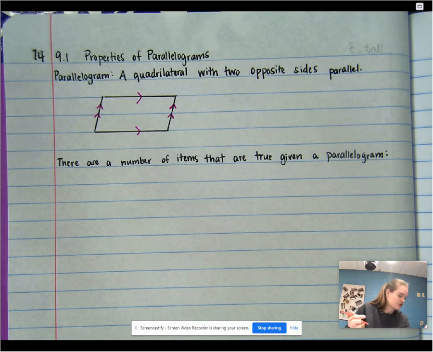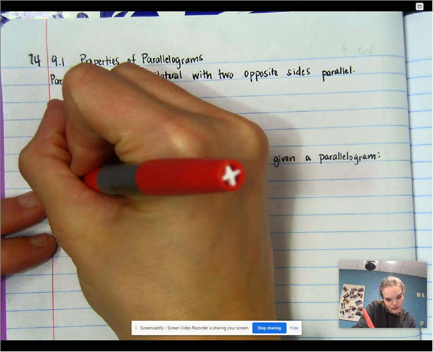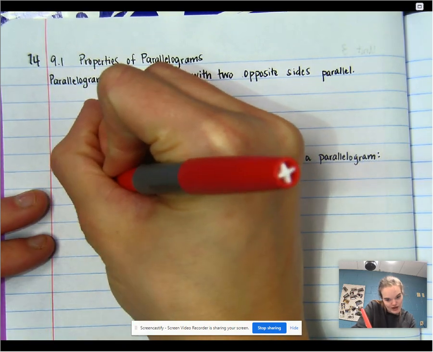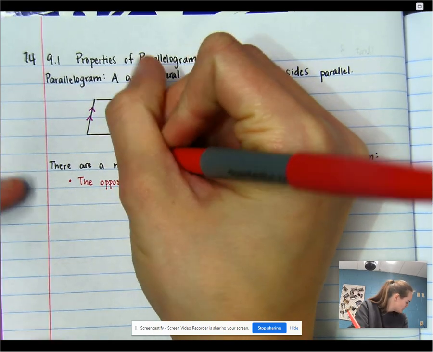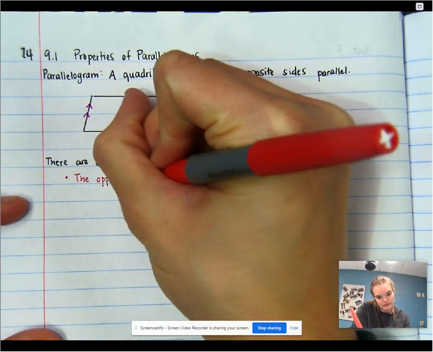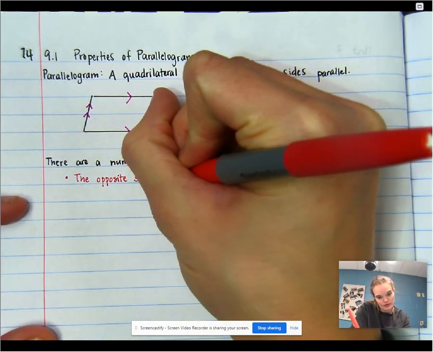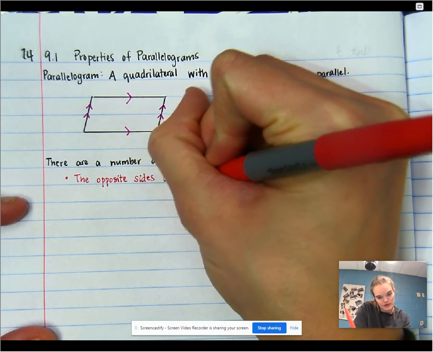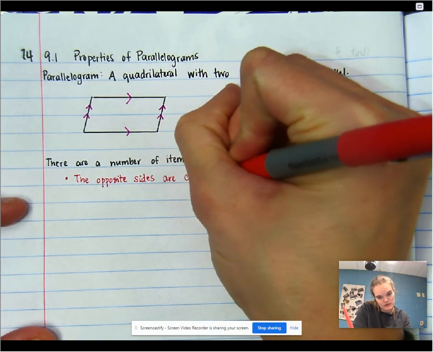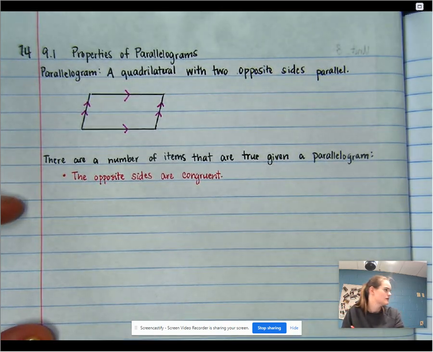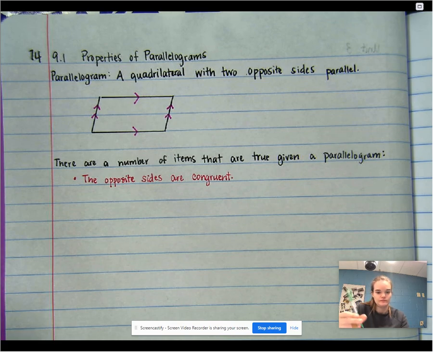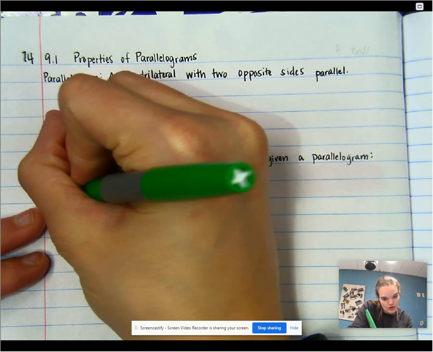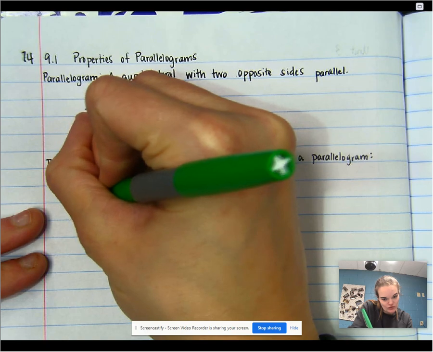Okay, here's the first thing that's true. The opposite sides are congruent. We are going to prove some of these. There are 3 of them. The opposite sides are congruent. Also, the opposite angles are congruent.